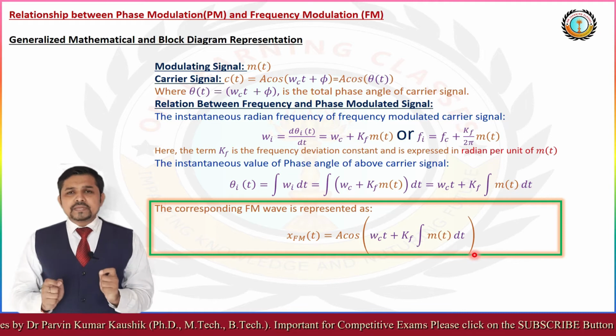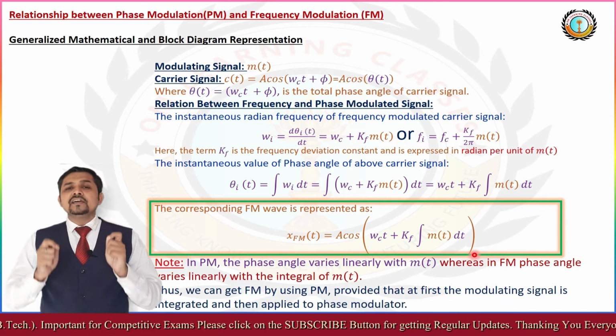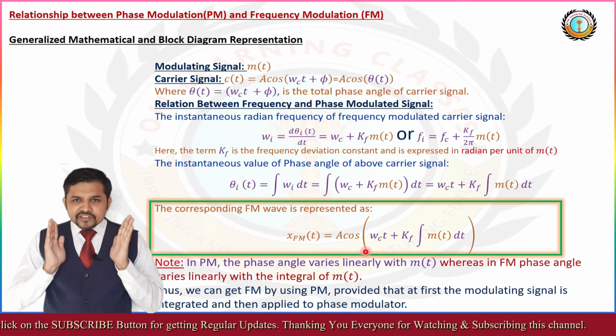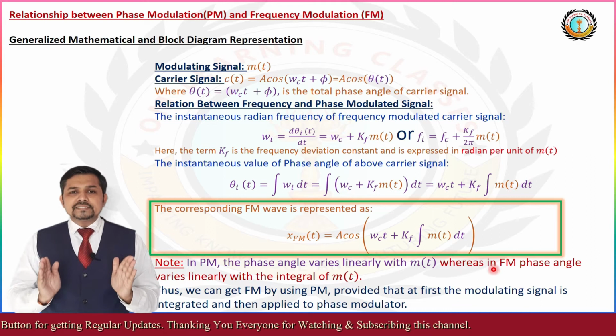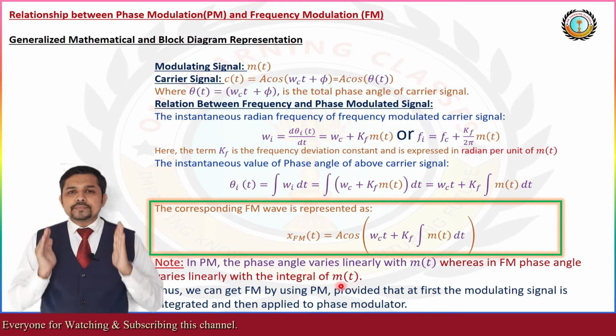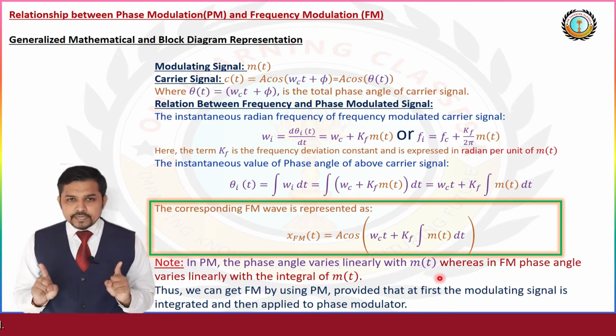So as per this representation of the FM wave, it will figure out that in FM the phase angle varies linearly with the integral of m(t). Very important, I mentioned the integral of m(t).